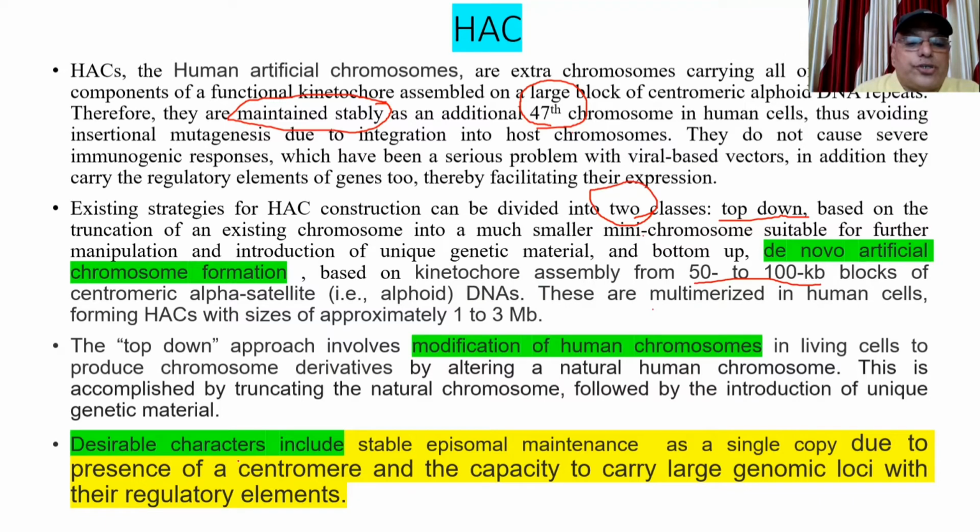Desirable characteristics include stable epigenetic maintenance, that is, they are stably maintained outside the chromosomes, outside the normal chromosomal complement, and single copy due to the presence of a centromere. Since there is a single centromere, they will have a single copy, and the capacity to carry large genomic loci with their regulatory elements.